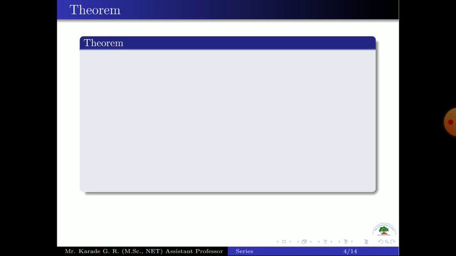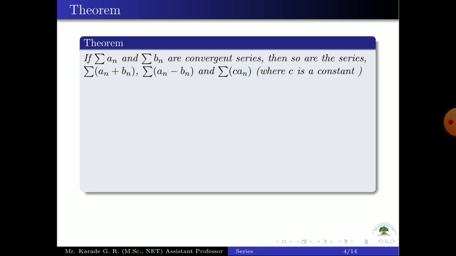This theorem is related to the algebra of convergent series. If summation an and summation bn are convergent series, then so are the series summation an plus bn, summation an minus bn, and summation c an, where c is a constant.